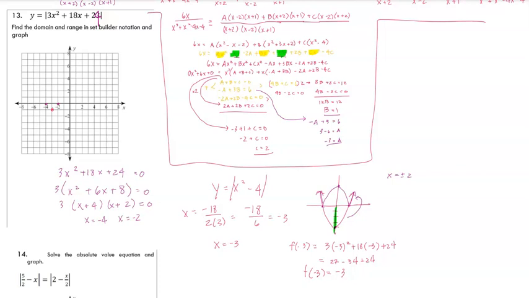But remember, if I make a little table, we had -4, 0, and -2, 0, and -3, -3. But look, there exists an absolute value on this y. So I need to take an absolute value. That's going to change my output to a 3.